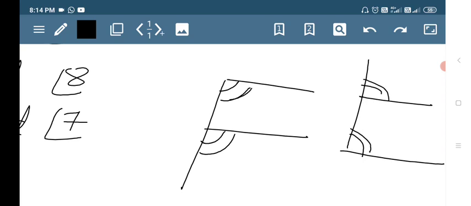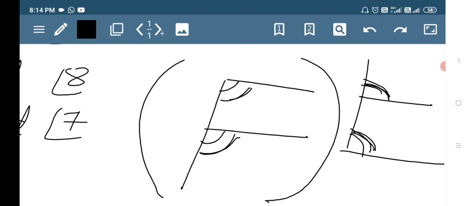You can see both angles are below the line, and here both angles are above the line. These are the corresponding angles. To remember, we denote corresponding angles with the shape of an F, inside or outside, interior or exterior.